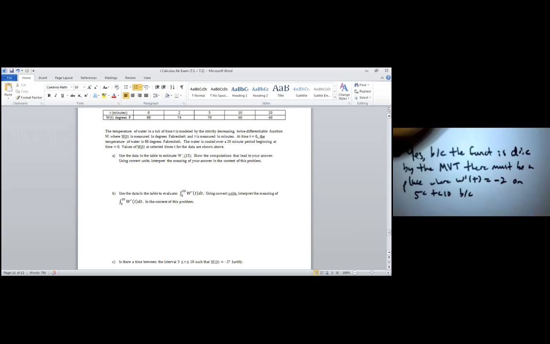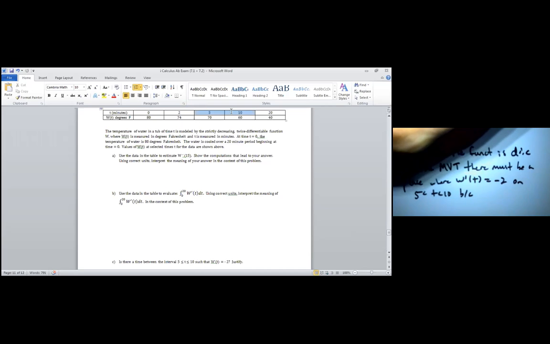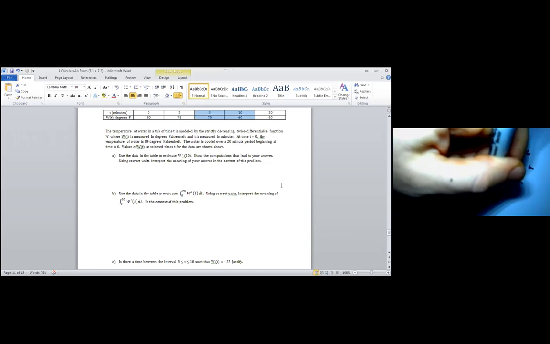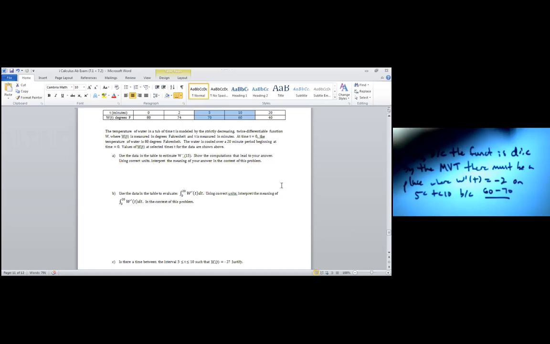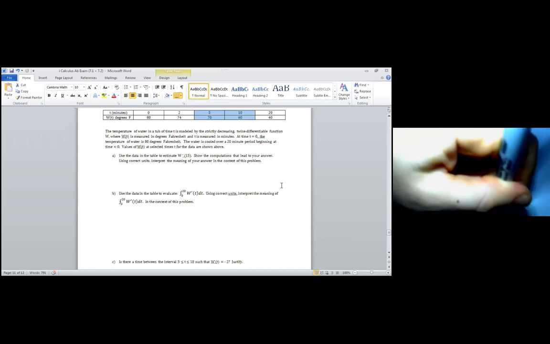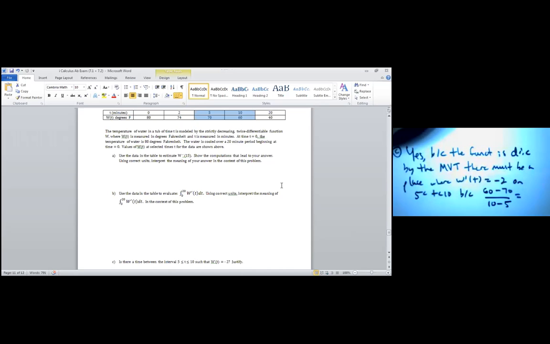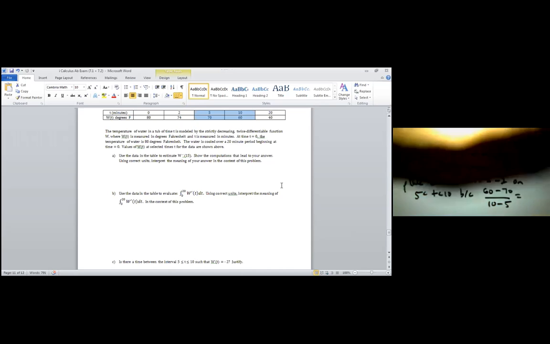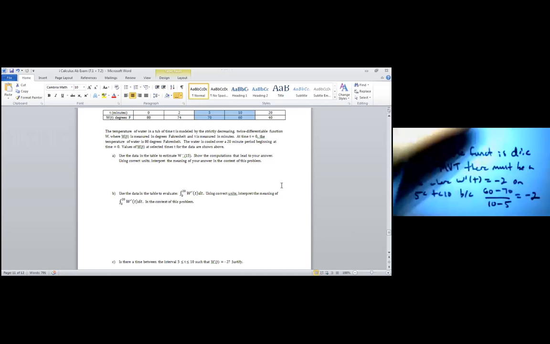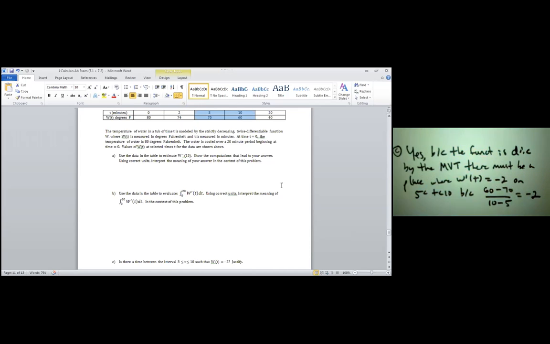So I'm going to find that secant slope. And how do I find the secant slope? Always just use the endpoints they give you. So I'm going to use 5 and 10. So if I use these points right up there, it's going to be 60 minus 70 over 10 minus 5 equals -10 over 5, and -10 over 5 is -2.